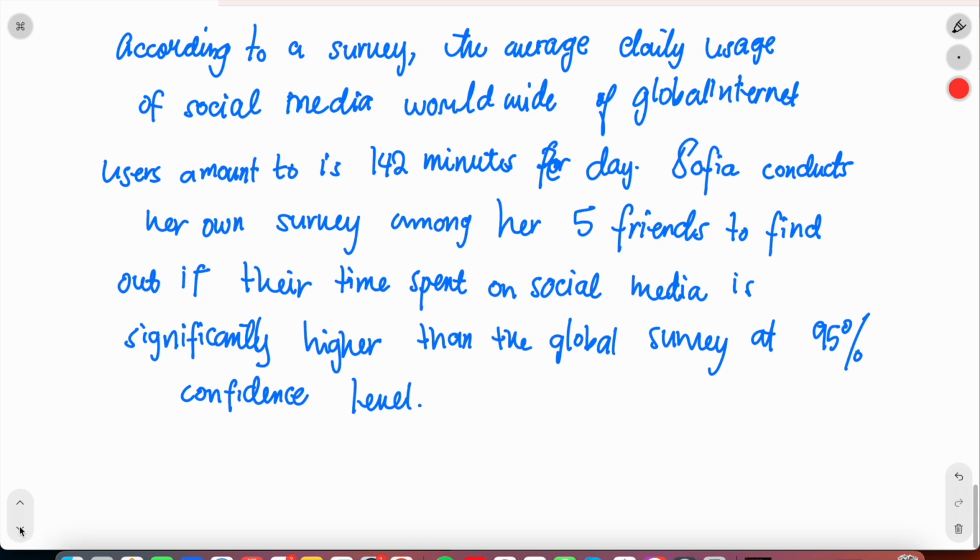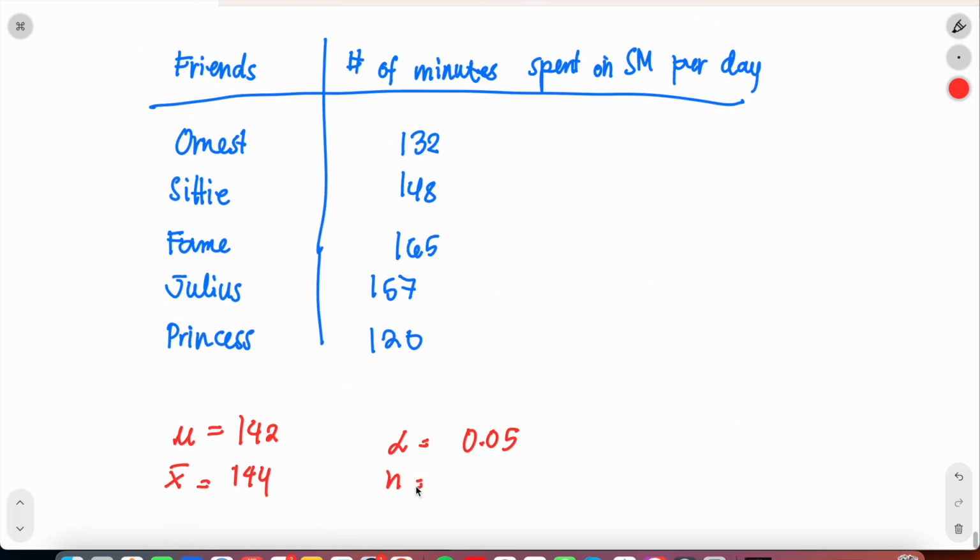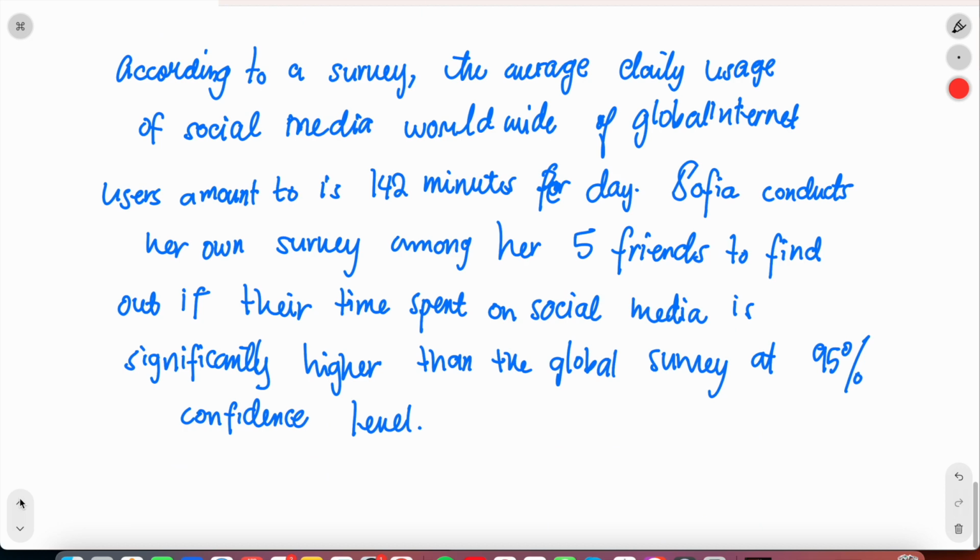We know that the sample size is 5 because she has 5 friends. What else do we need? Oh, we should also have the sample standard deviation.